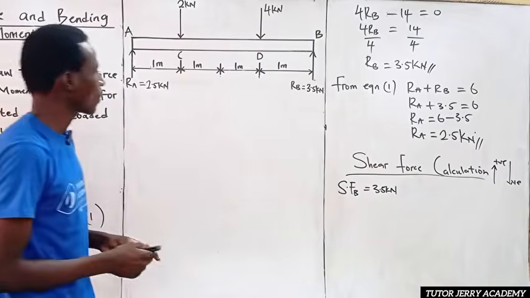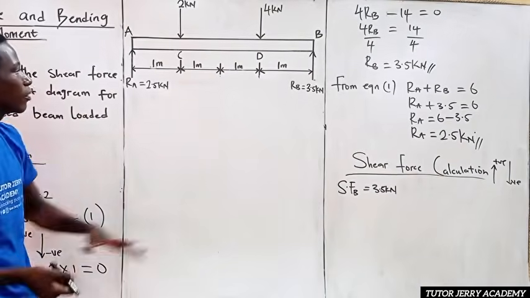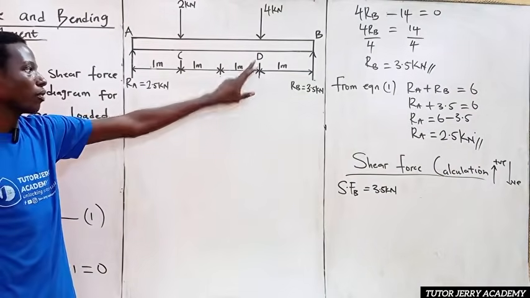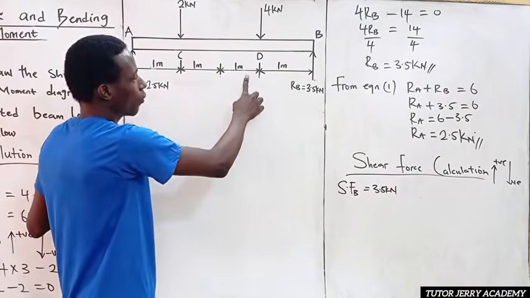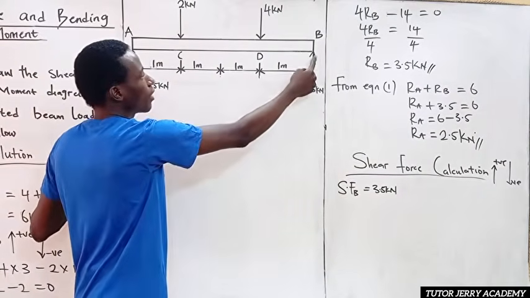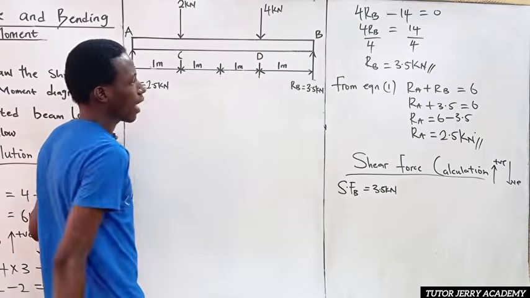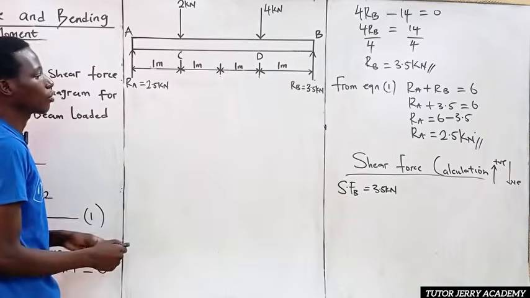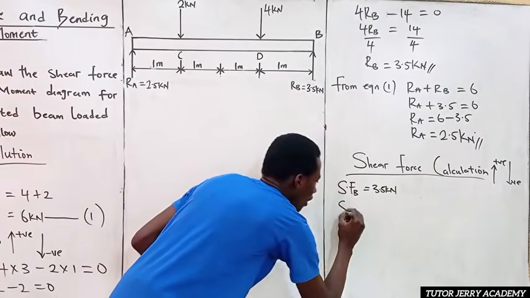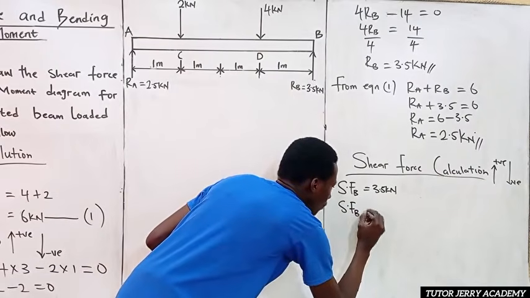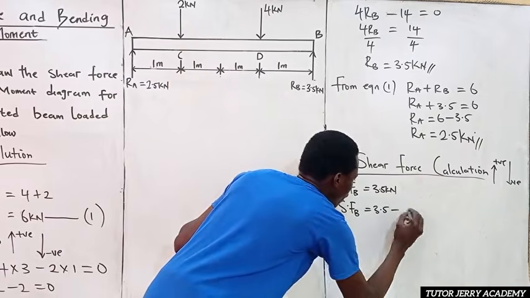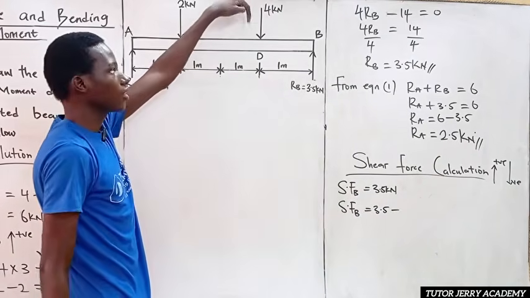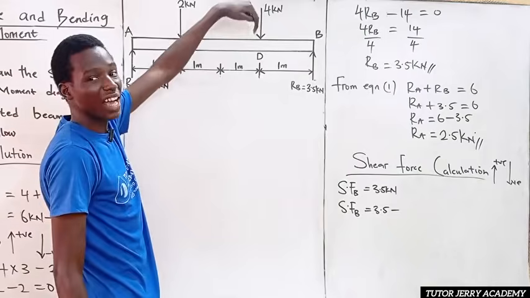All right. Now what's the next thing? We are going to be looking for our shear force at point D. Our shear force at point D will be nothing but the force at this point minus the force at point D. So this will be S.F. subscript B, 3.5 minus 4, because the force is acting downward.